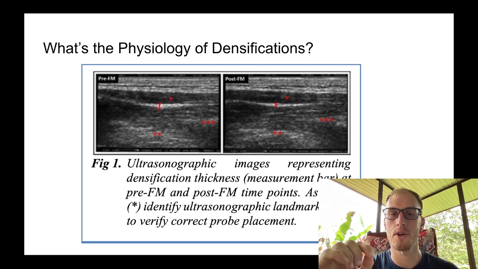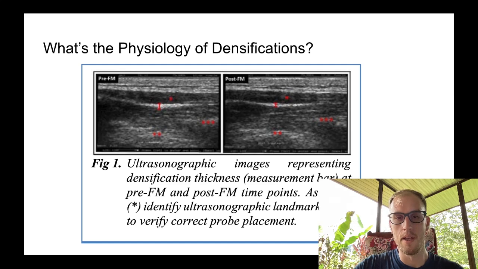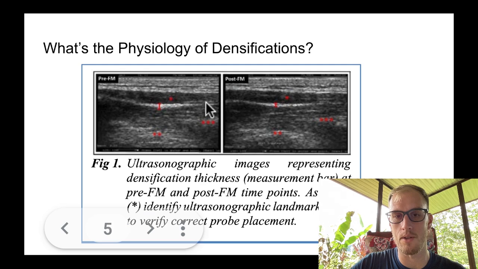But I also wanted to show you what it looks like on a special type of ultrasound as well. These are also densifications that we've been able to image on ultrasound. In particular, we're looking at the section that is the brightest white on the image and also with a red line through it.